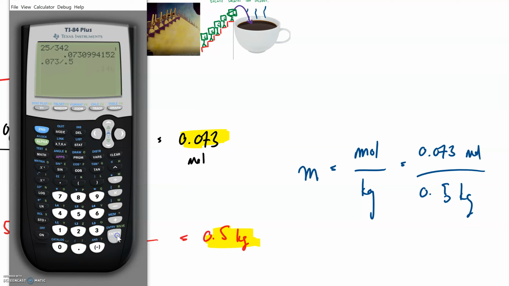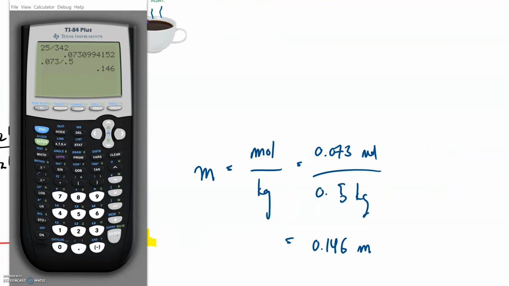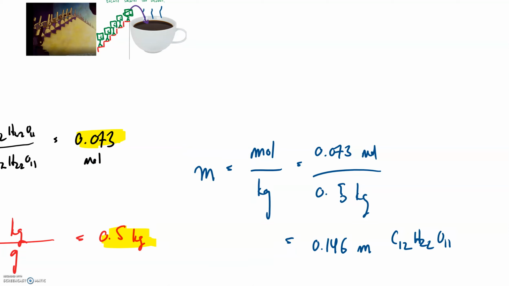What's our molality? Boom! 0.146 molal. If you want to be really formal about it, this is a 0.146 molal solution of good old table sugar.